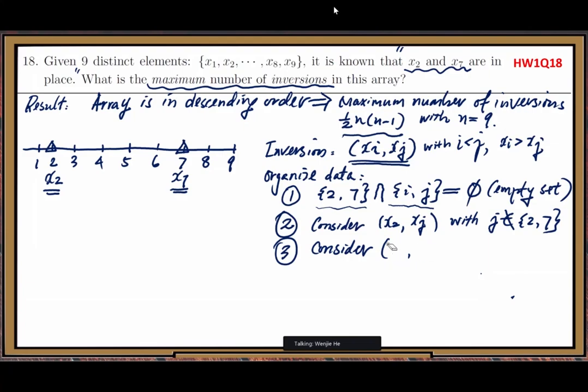Let me do it this way, because when I do this, you may see there is an order question, right? x2 first, xj second. So here, let me use this way. This means we use the natural order.